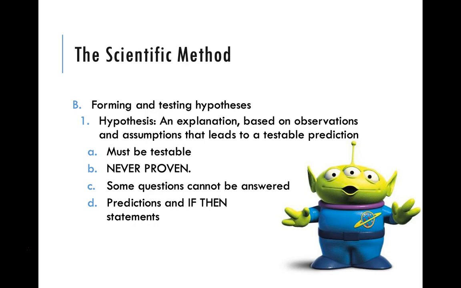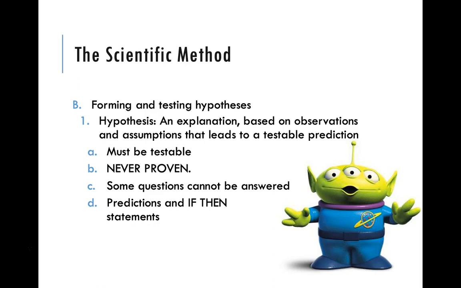This may require the researcher to go do some more research. It may require them to look at other people's studies. It may require them to think about or even do similar experiments before they can make their formal hypothesis. There are a few things, though, that are required of a hypothesis. The most important thing is that it must be testable.